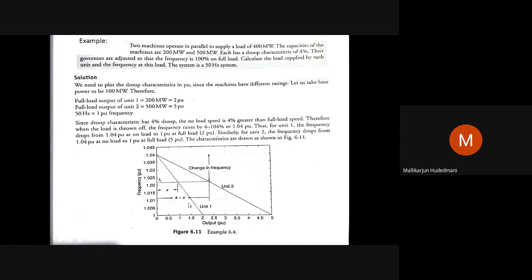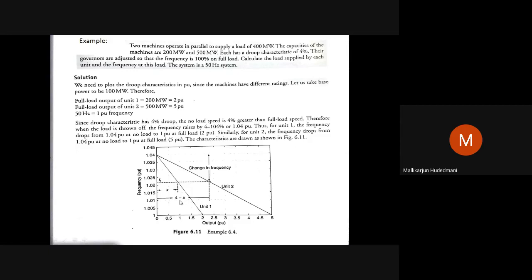Then, let us say, at some point, just draw a roughly horizontal line. You can see this dotted line being drawn by the presentation here. Dot, dot, dot, dot. It is the point of parallel operation at a certain frequency F1. F1 is the frequency where X megawatt is shared by machine 1, a certain value graphically X, and 4 minus X. This 400 megawatt is 400 divided by 100, which becomes 4.